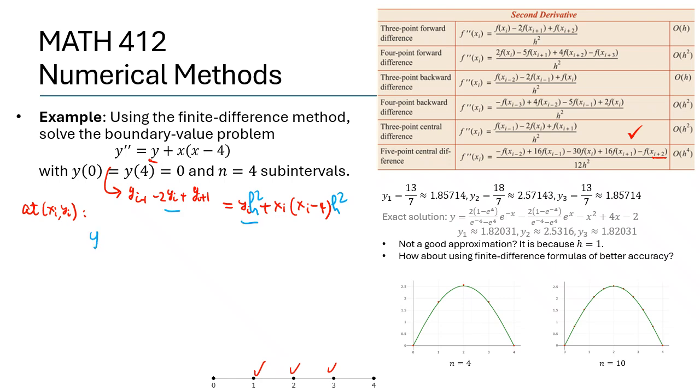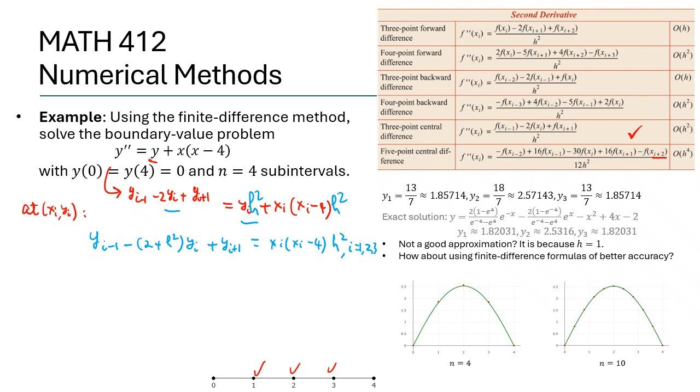It's y sub i minus 1 minus 2 plus h squared y sub i, plus y sub i plus 1, and the right hand side will be x sub i minus 4 h squared. So i changes from 1, 2, 3.